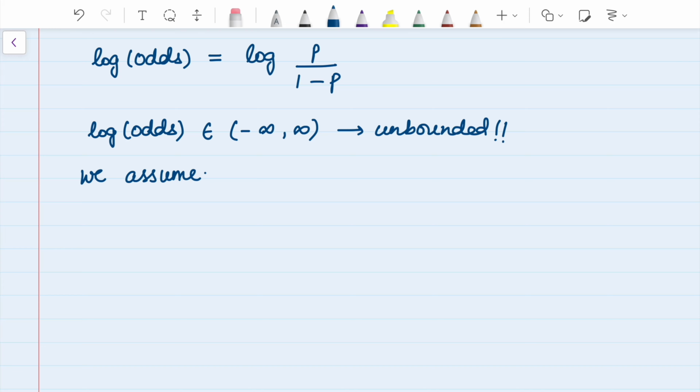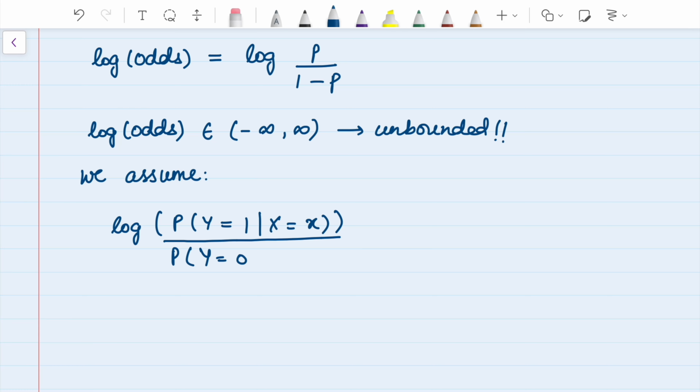So we can assume that the logarithm of probability of capital Y equals 1 given capital X equals x divided by probability of capital Y equals 0 given capital X equals x equals W transpose x, which is a linear model.